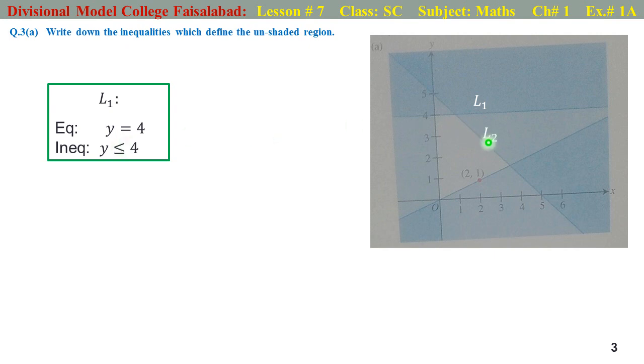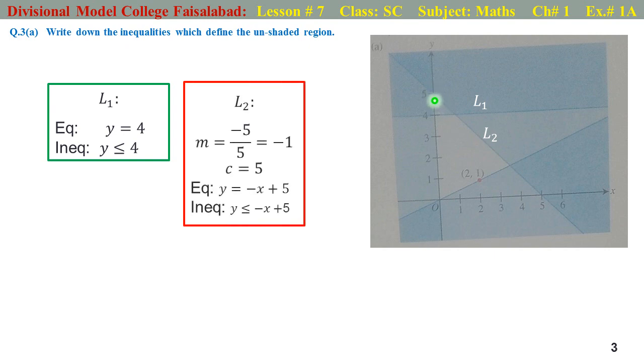Line L2 is this one, and this line is passing through this point and this point. So we can use the rise and run method to find its gradient, and this line is cutting the y-axis at this point, so this is c of this line. To move from this point to this point, we have to rise and run.